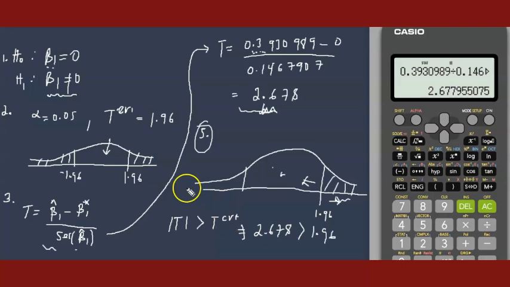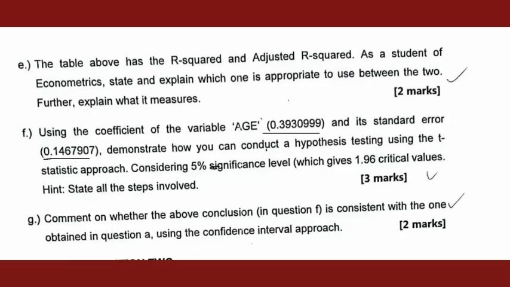Let's work on the last question now. Our last question is: comment on whether the above conclusion in question F is consistent with the one obtained in question A using the confidence interval approach.